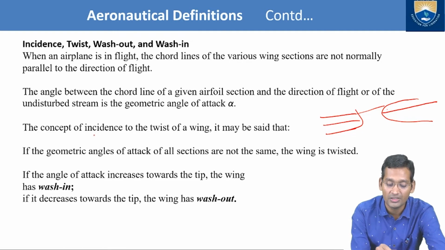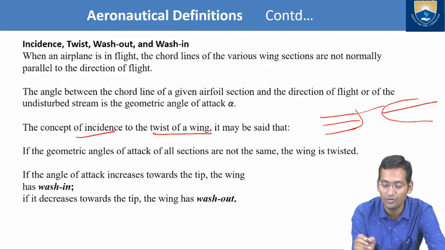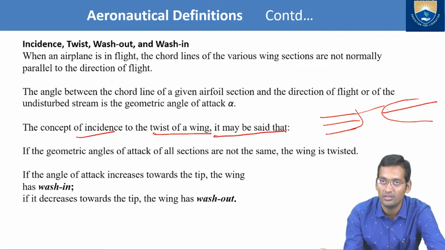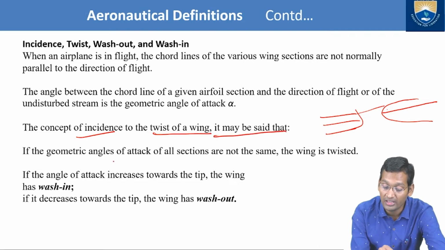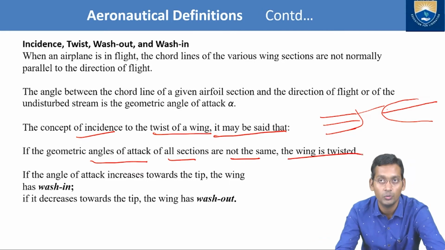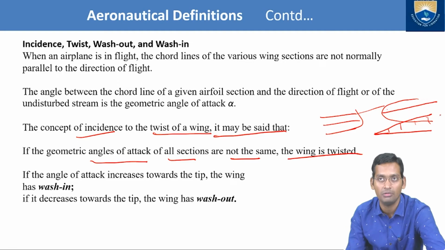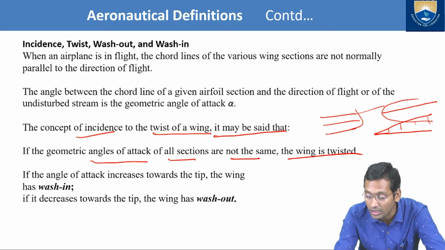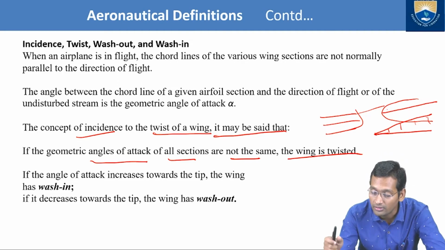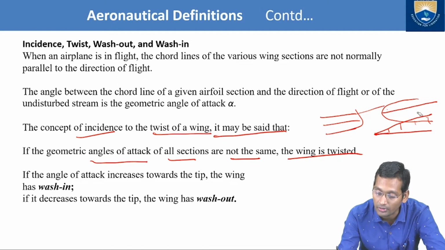Now just see the concept of incidence applied to the twist of a wing. It may be said that if the geometric angle of attack of all sections is not the same, the wing is twisted. Here, this is the chord line and this is the angle, so whatever you measure, you will see the same angle. Now take it like this instead.